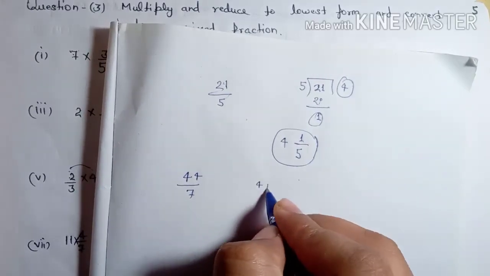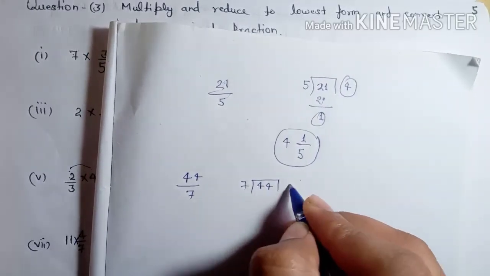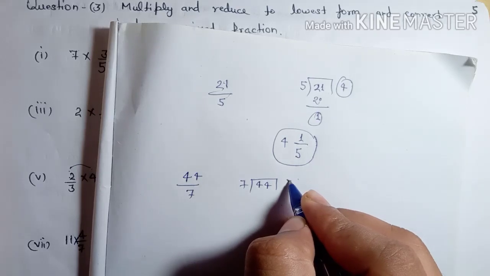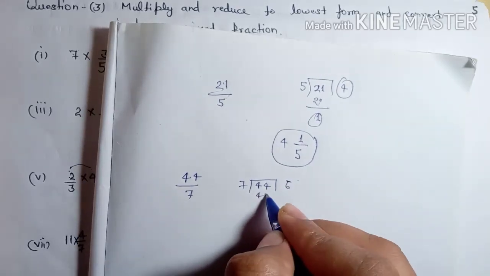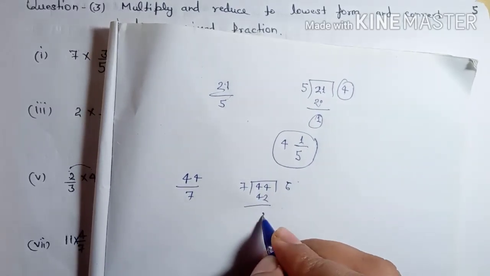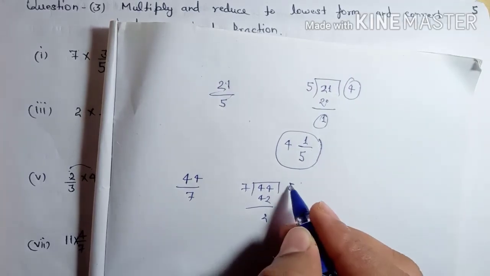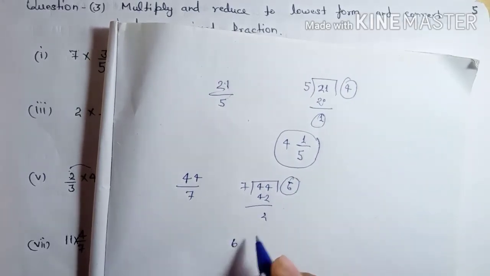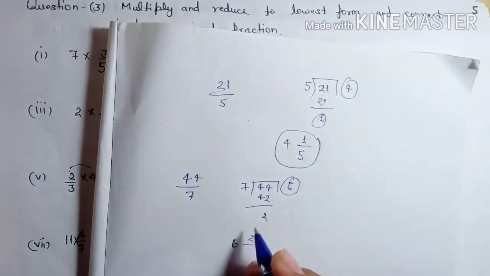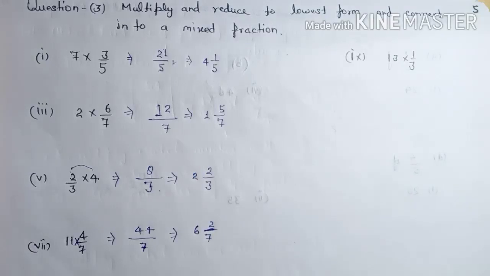So divide this 44 by 7, you will get remainder that is 2. So first write the quotient, that is 6, then remainder upon 7. 6 whole 2 upon 7. And yes, this is your answer.